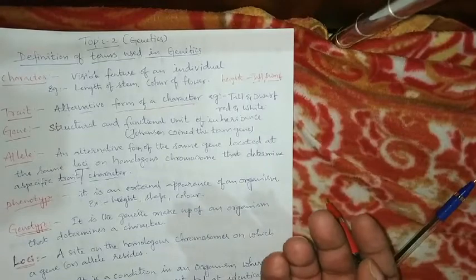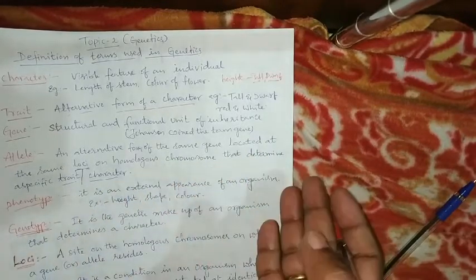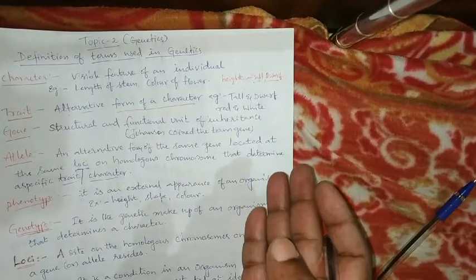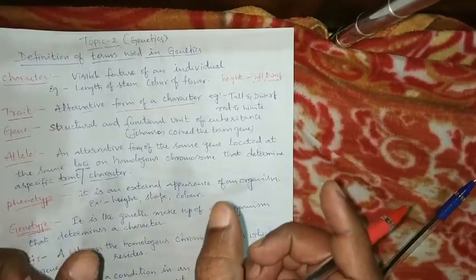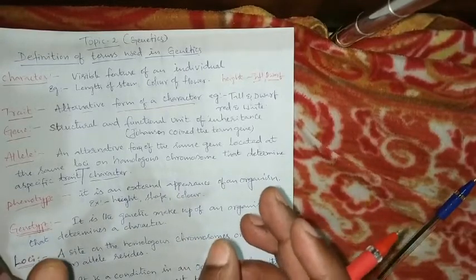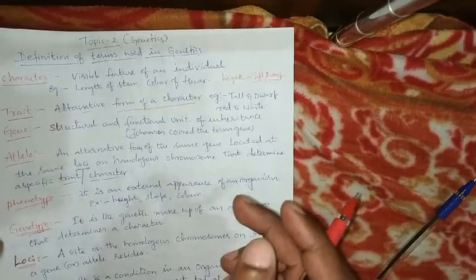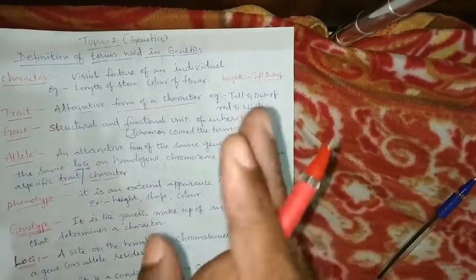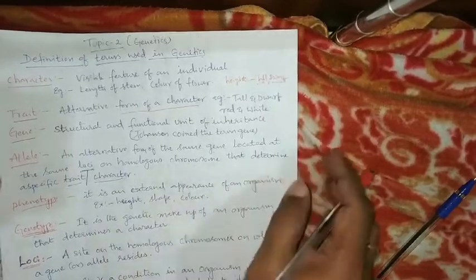Like that, green color pod and yellow color pod. Fruit color is a character, and in fruit color we can see 2 alternative forms. Traits are green color pod, yellow color pod. So these are the traits. A particular character showing 2 alternative forms is called a trait.